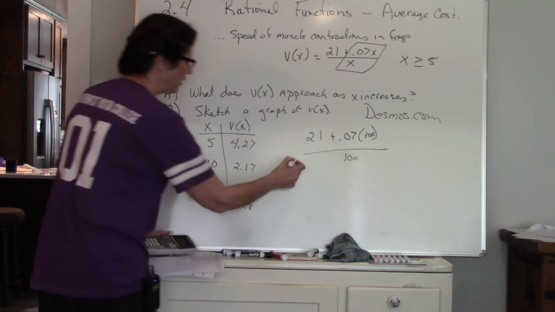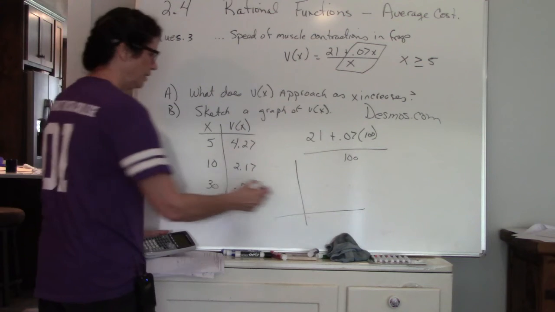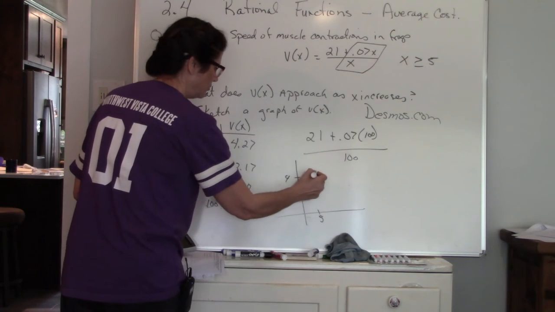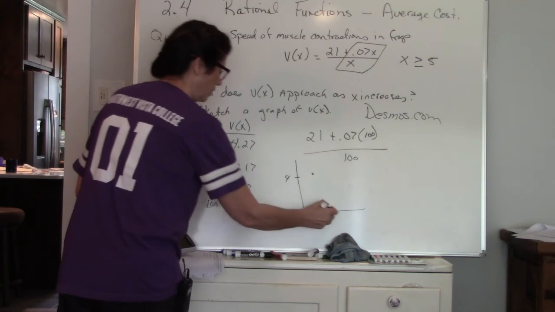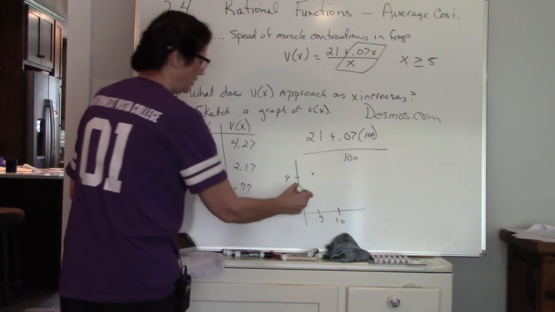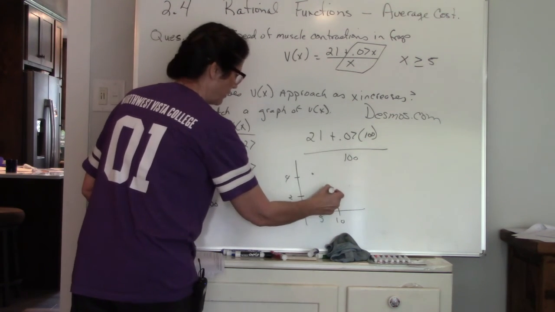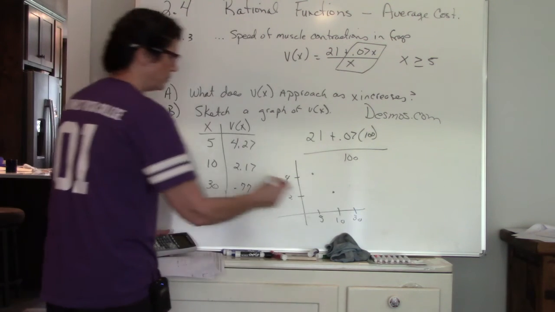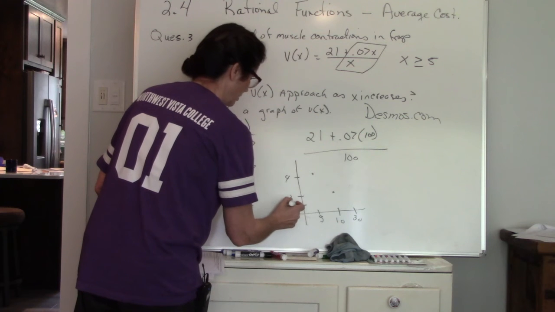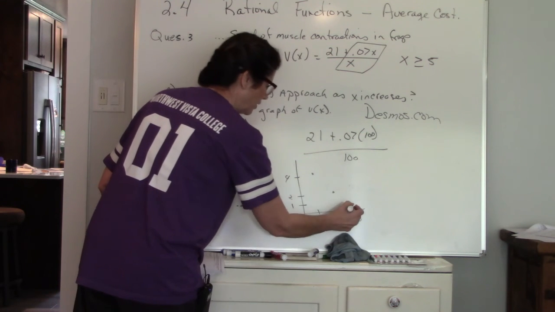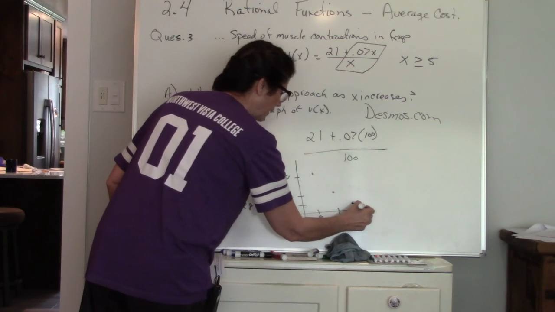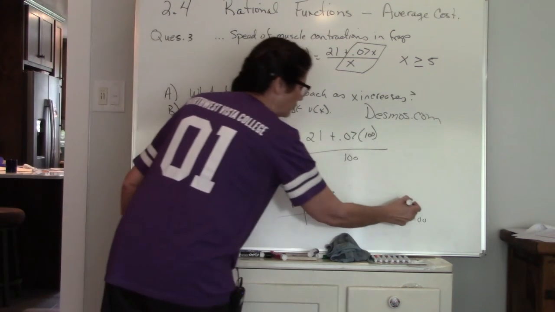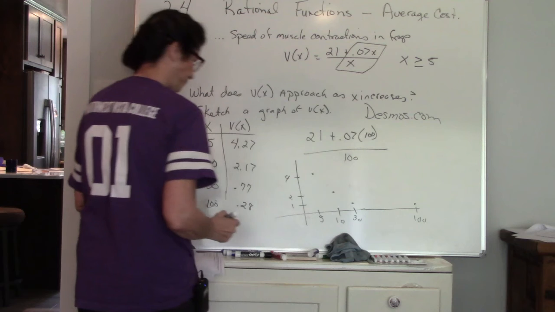So when you're graphing, again, here's 5. 5 is about 4.27. Here's 10. 10 is about 2.17. Here's 30. 30 is about 0.77, so there's 1, so it's about here. And then we come out here to 100, and 100 is about 0.28, so a quarter of the way.